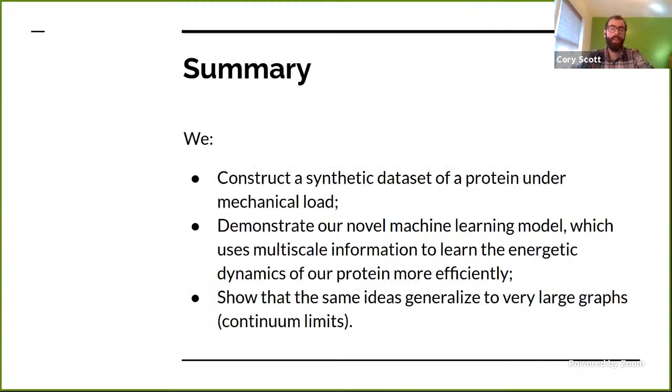So just as a summary, what I've talked about today is constructing a synthetic data set of a protein molecule under mechanical load. I've shown that a machine learning model that Professor Mulesness and I have developed is much more efficient applied to the problem of predicting the energetic dynamics of that protein in our simulation.